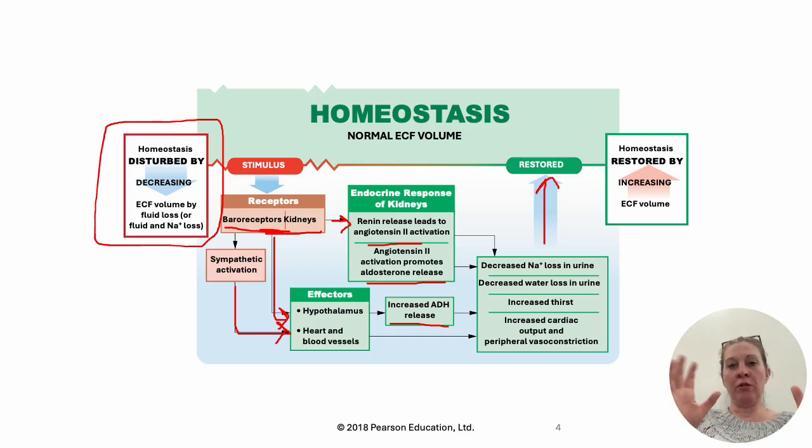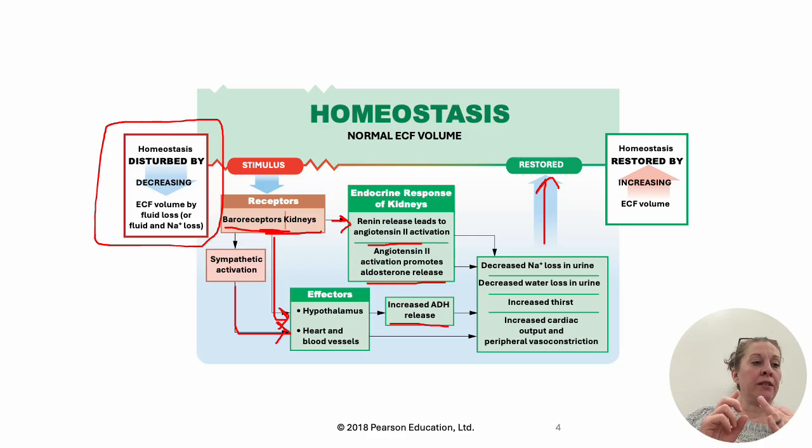Then the two things that can occur are hyponatremia, which is low sodium levels, and that will be measured as lower than 135 milliequivalents per liter of sodium in the blood tests.